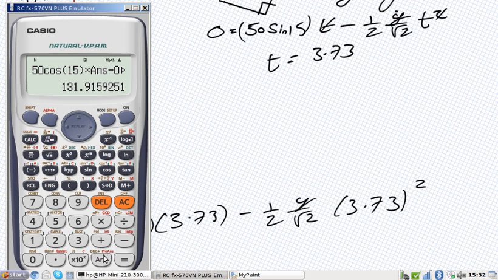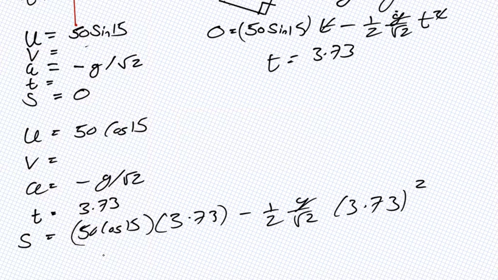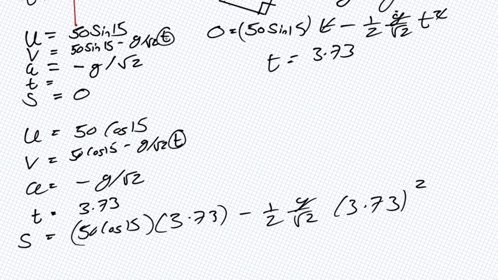That's the range. What is the final velocity of the projectile just prior to impact? So that is the v in both cases. So v will be u plus a t, and the same thing here. We know the t in both cases, it's 3.73.